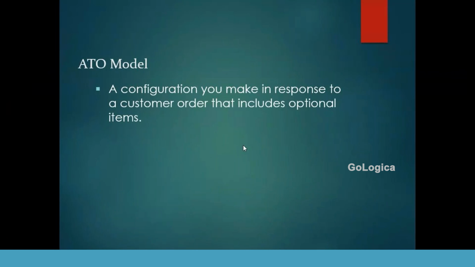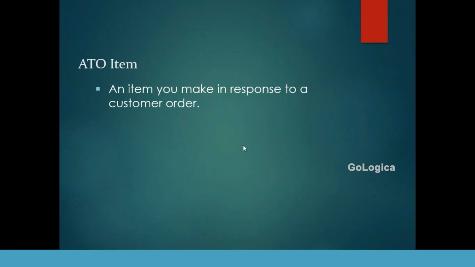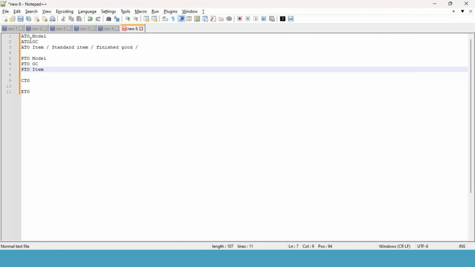Let's start with the ATO model. This is the top model that the customer orders from us, and that includes the optional items, whether we need them or not. Then we go to the ATO option class.